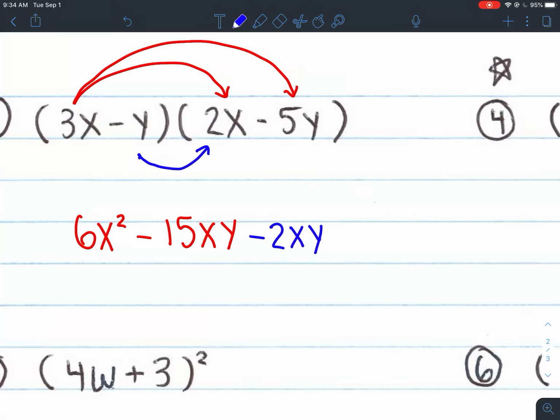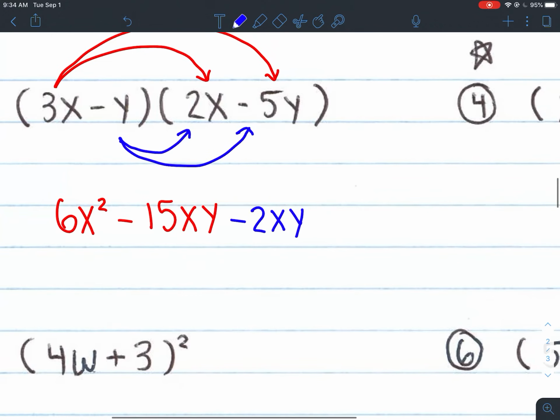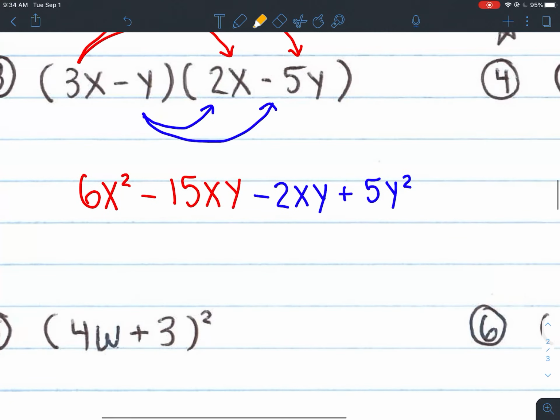Okay, and then we have negative y times negative 5y. That's going to give us positive 5y squared. So negative 5 times a negative is going to give us a positive, and then the y times the y gives us the y squared. Now we're almost done, but we have some like terms. Remember, like terms have the same variable, same exponent. So the 2 middle terms are like terms, negative 15xy and negative 2xy.